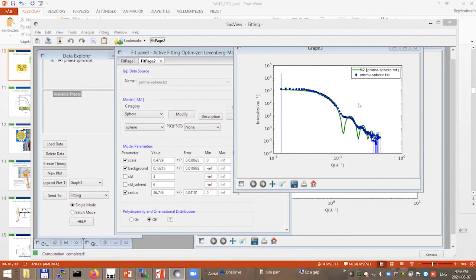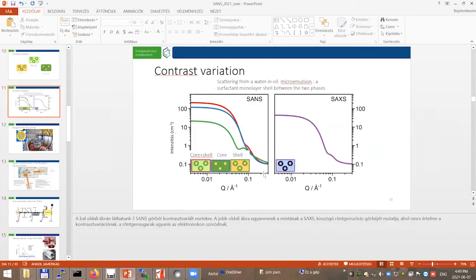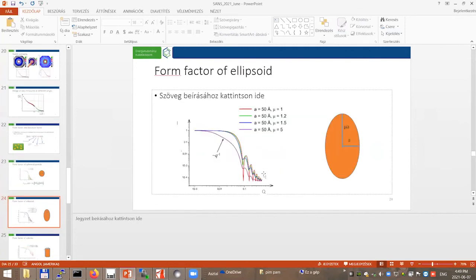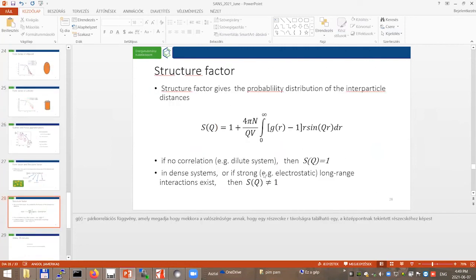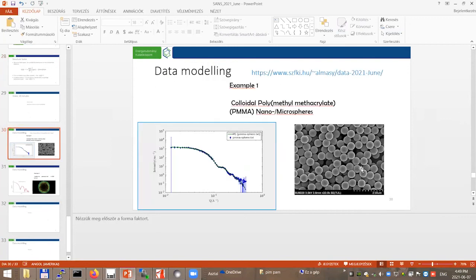Did you see the image in the presentation? Yes. To me, they look like spheres. We did not measure this sample exactly, but our spheres were not very far from these spheres.